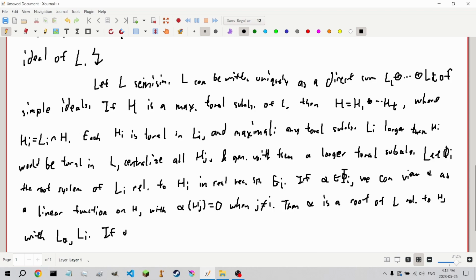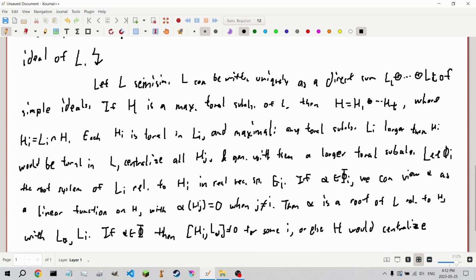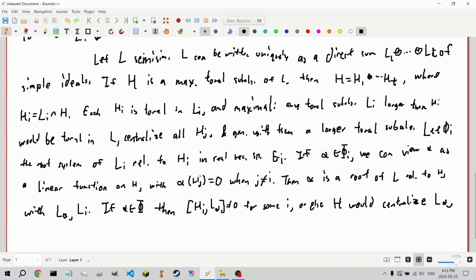Conversely, if alpha is in Phi, then the bracket of Hi with L alpha is non-zero for some i, or else H would centralize L alpha, and then L alpha would be inside of Li.